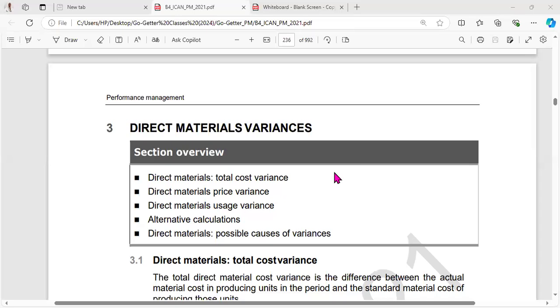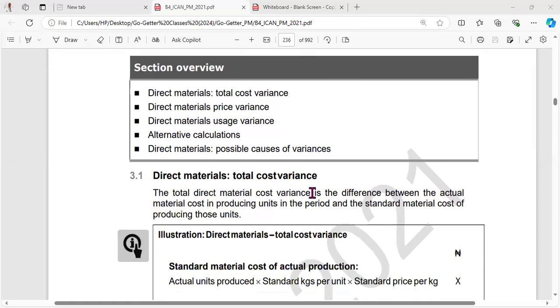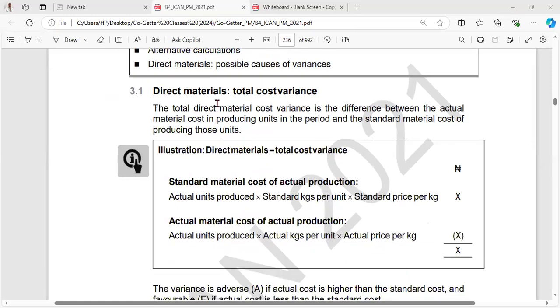So let's look at the direct material variances. Now, the direct material total cost variance is the difference between the actual material cost in producing the product and the standard material cost of producing those units.